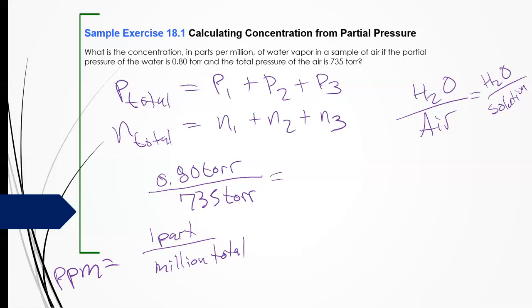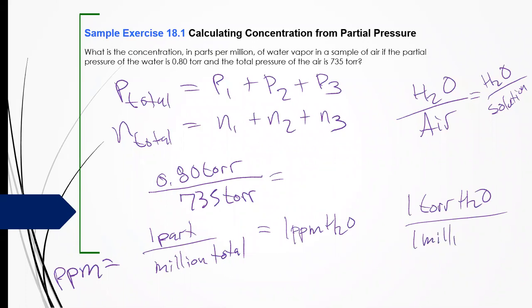So in a way, you could say that if we had 1 ppm of water vapor, that would be 1 torr of water to 1 million torr of air. We could have also said that 1 gram of water and 1 million grams of air is also our ppm.